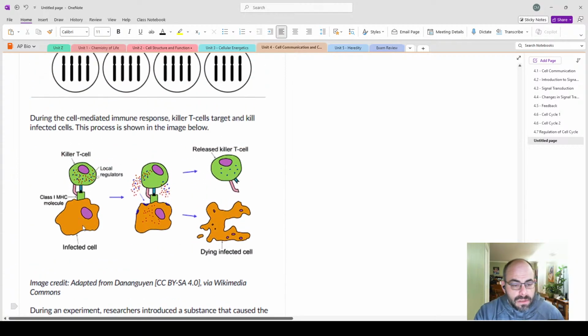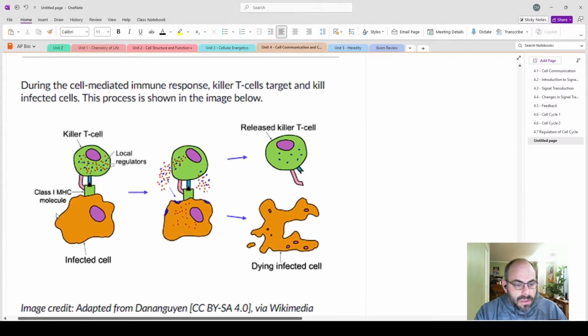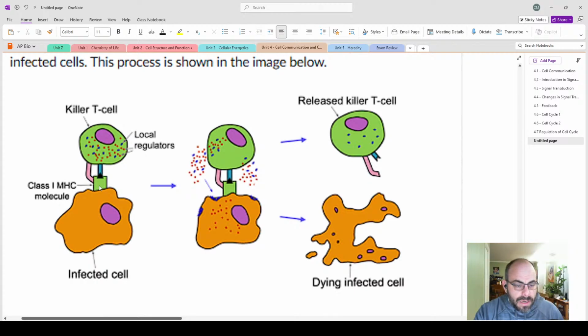All right, so let's look. What is this class 1 MHC molecule doing? So here's the killer T cell, here's the infected cell. It seems like there has to be a connection in order for this to happen, right? In order for this whole process, A, B, C, to happen right here, there has to be a connection between the killer T cell and the infected cell.